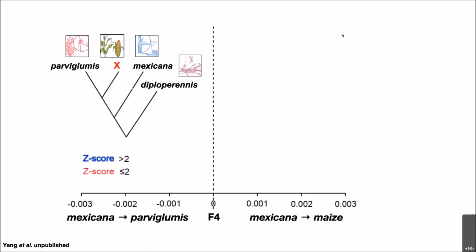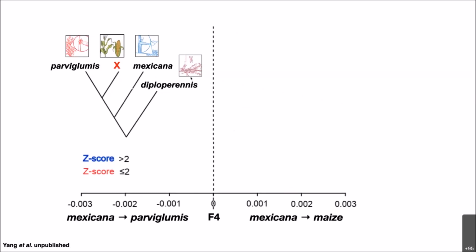And we first did so with simple F4 statistics, similar to the Patterson's D. It's essentially asking about the consistency of the data with a simple tree. And so the tree here has maize as our red X originating from Parviglumis, and then our sister taxa Mexicana, and we used this perennial teosinte diploperennis as an outgroup.